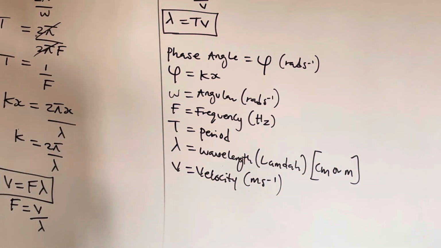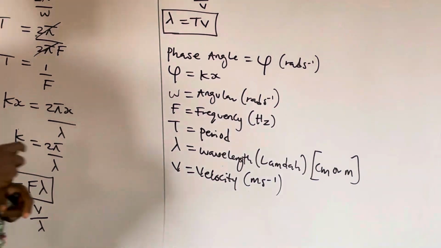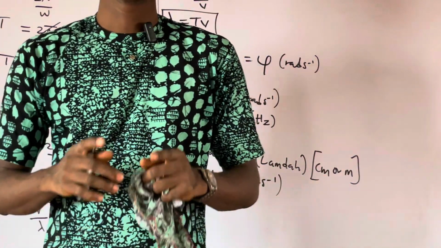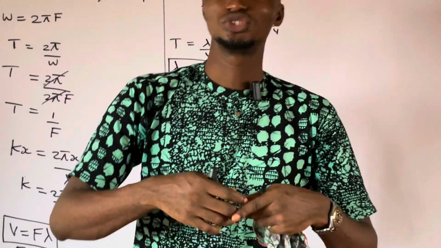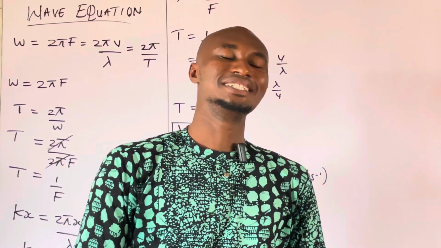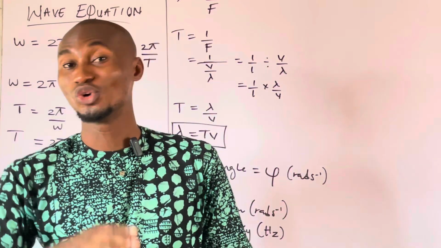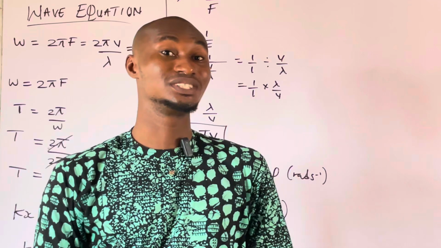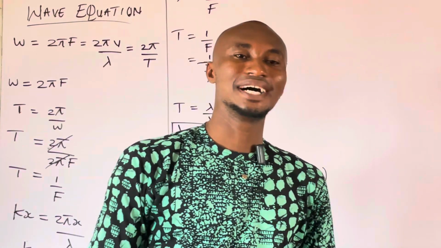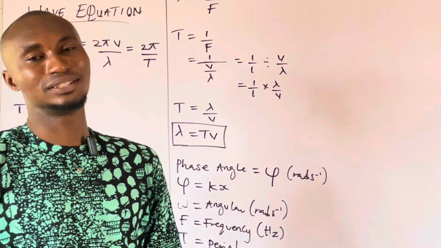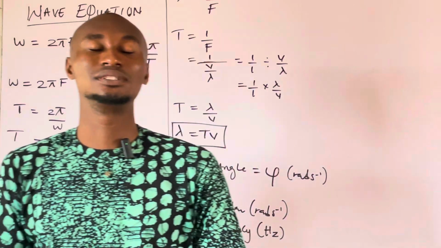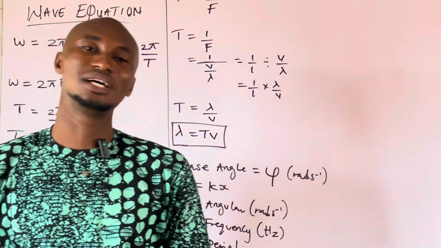So now, if you don't understand these things, chances are excellent that you won't be able to derive any equation of motion, be it equation 1, equation 2, equation 3, or equation 4. And in physics, the worst thing that will happen to you is cramming any formula. It's not good at all. Rather, learn how the formula is obtained.